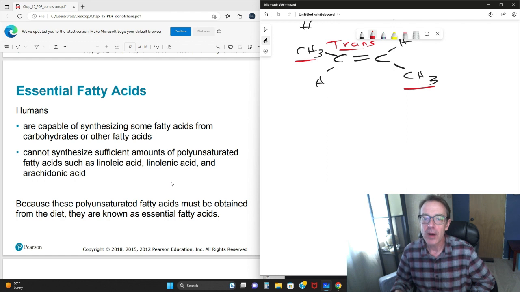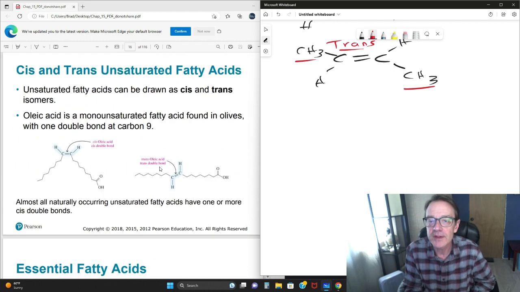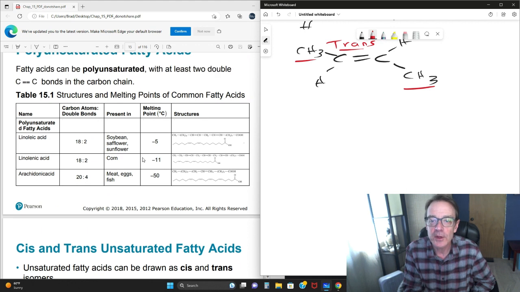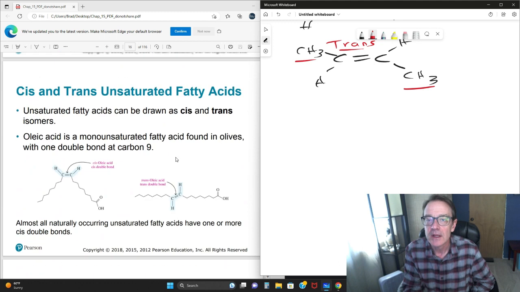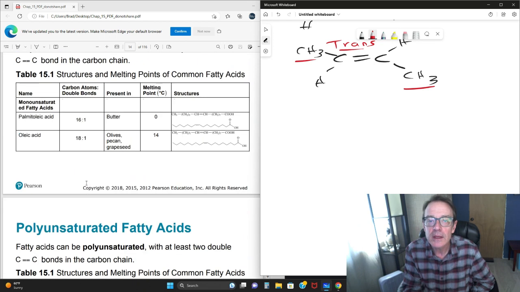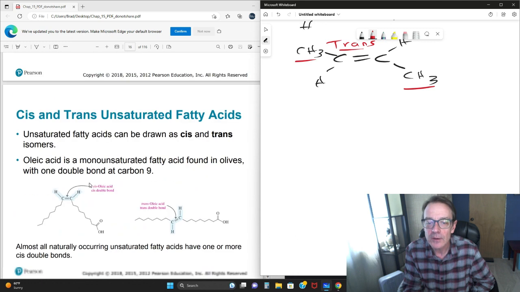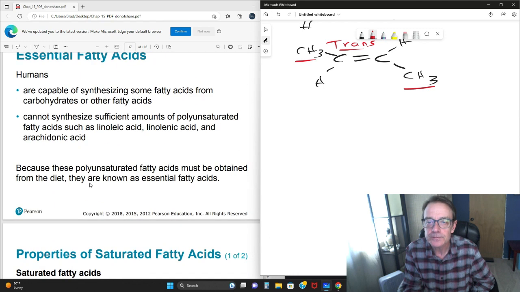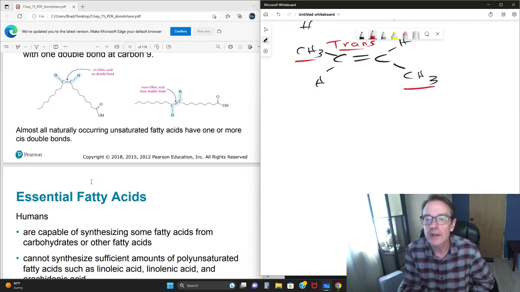So, like a lot of the polyunsaturated, we're looking at soybean, safflower, sunflower, corn, polyunsaturated. Where's oleic? No, they don't show oleic. Monounsaturated. Oh, yeah, linolenic.